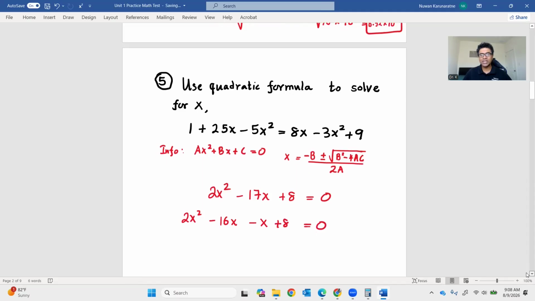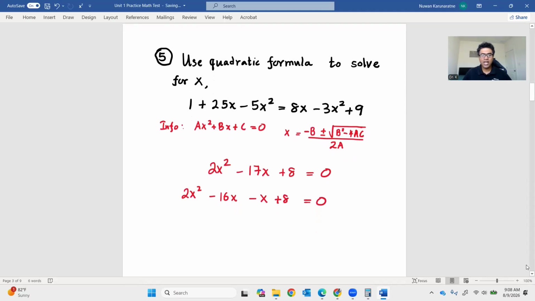Now I can look at these two terms and take a factor of 2x out, since it's common. Then here I'll have x minus 8. And looking at these two, again I can factor out a minus 1, giving minus 1 times x minus 8 equals 0.